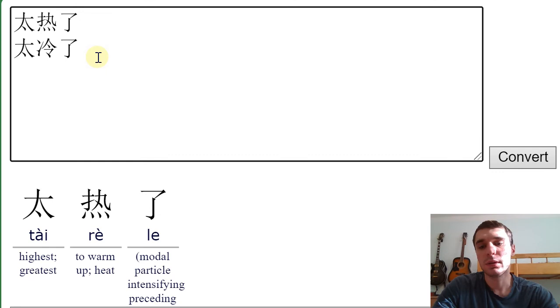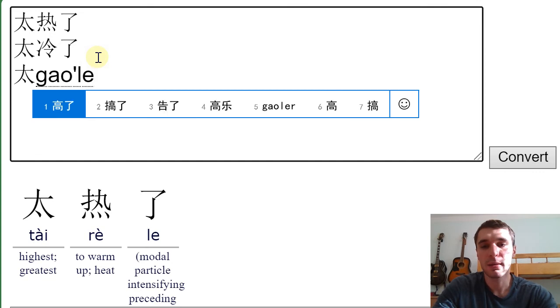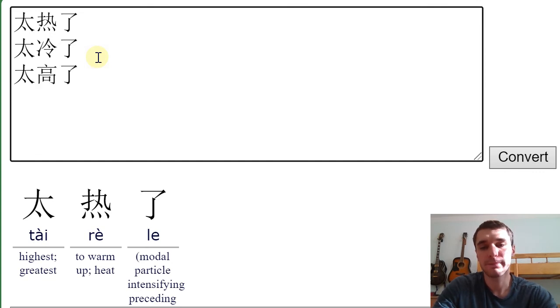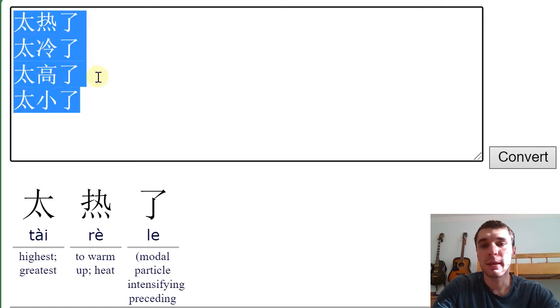He is too tall, for example. Again, 太高了. What else? It's too small. Again, 太 small, 小, 太小了.